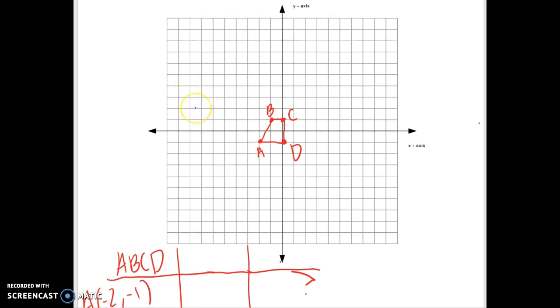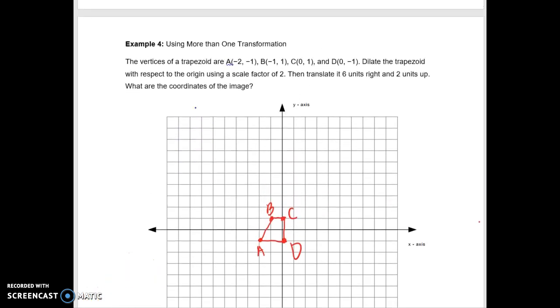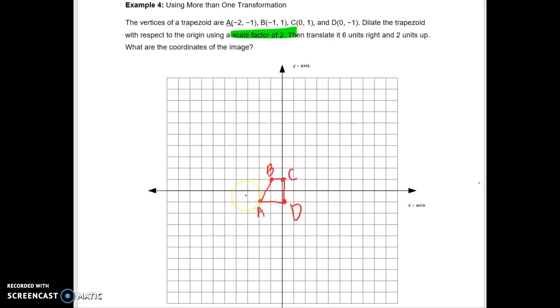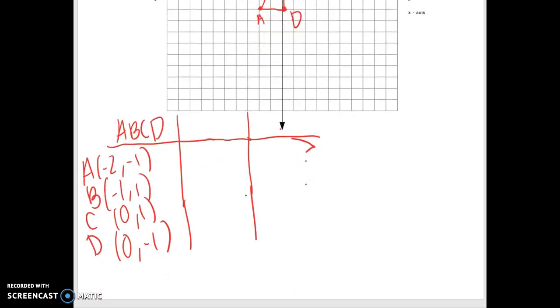Second one, so that's my original. We are dilating our trapezoid by a scale factor of 2. So I'm just going to go ahead and multiply each part of my point by 2. A1, B1, C1, D1.